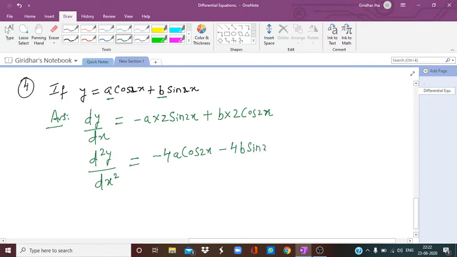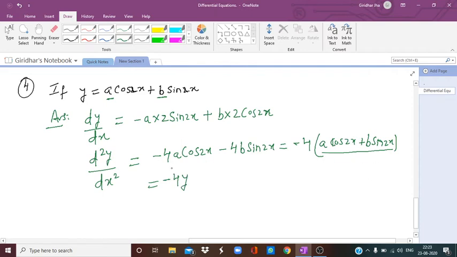Now if you take minus 4 common, we will have a cos 2x plus b sine 2x. Correct? When we took minus 4 common, this becomes y. So we can write minus 4y. Look at this, now the arbitrary constants are eliminated.